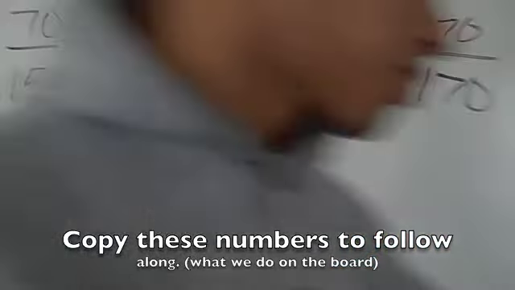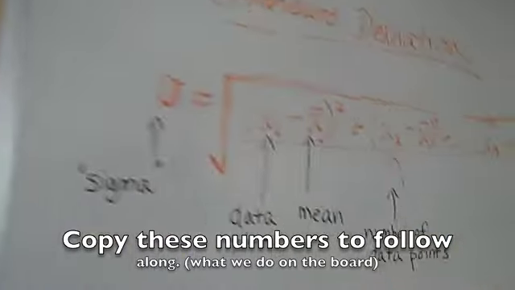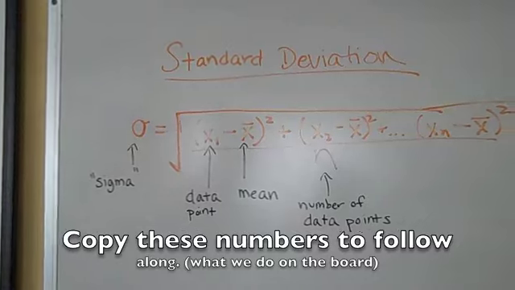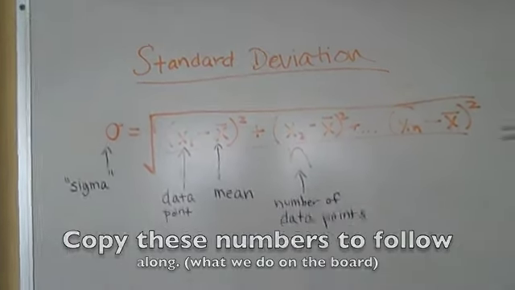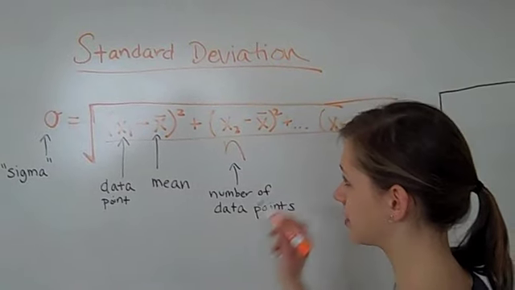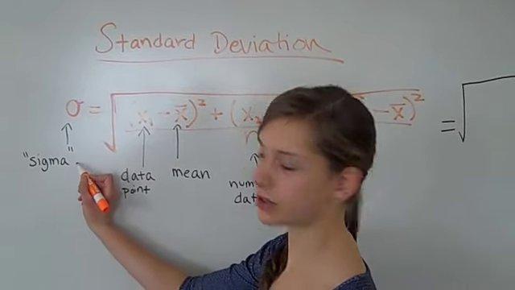Okay. Now we're going to go over to this board and learn about standard deviation. So here's the equation for standard deviation. So what we do is, this is read as sigma, really it just means it's the standard deviation.